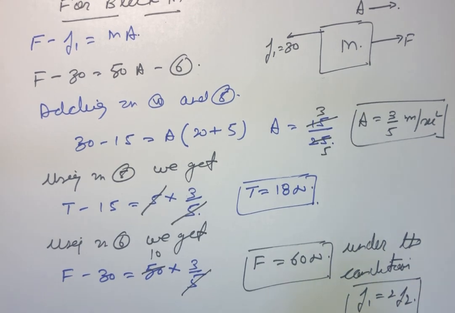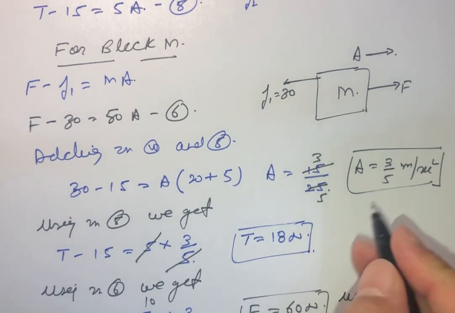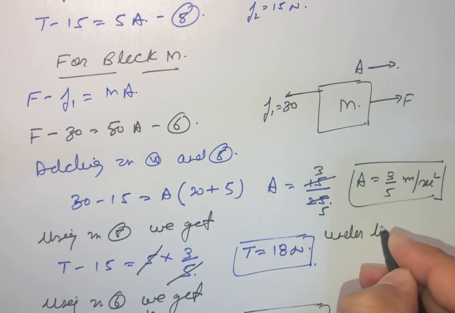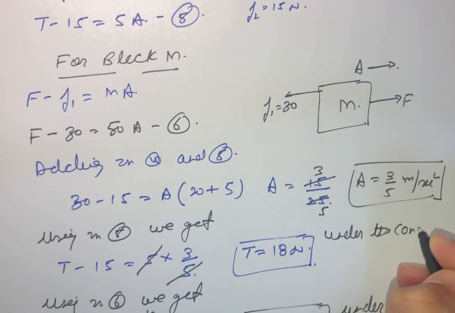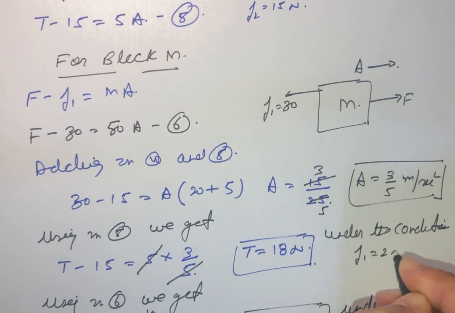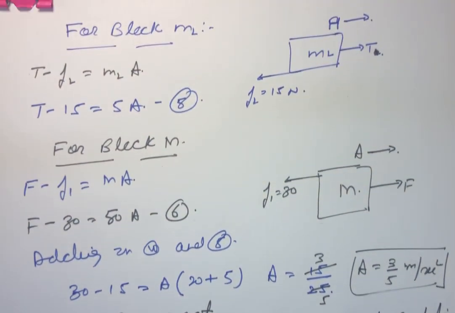Okay, F1 is equal to twice F2, and this is also the tension under the condition F1 is equal to twice F2, and we found out the acceleration.